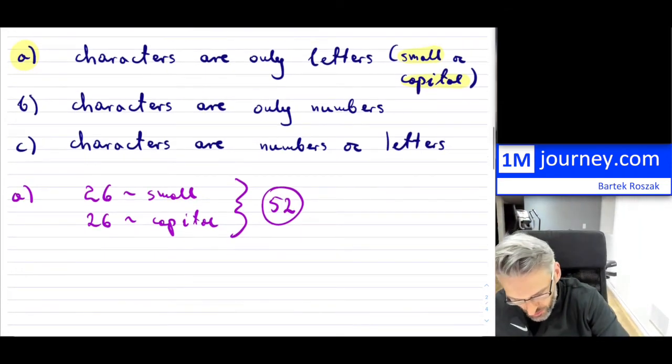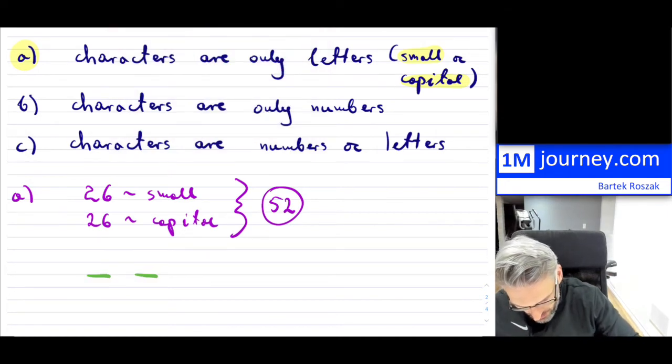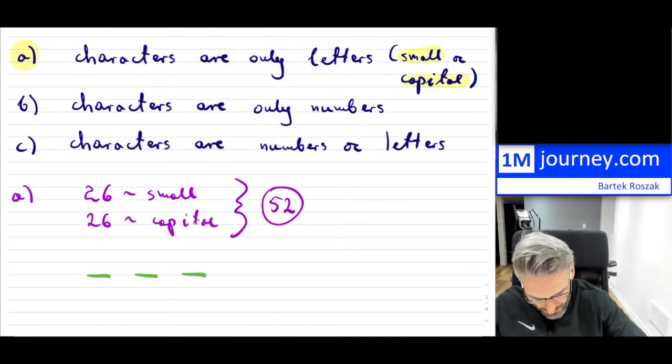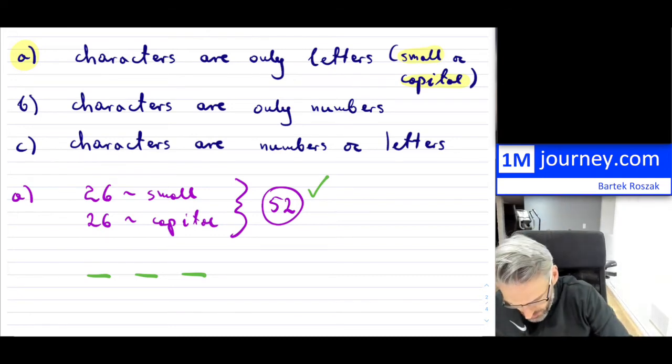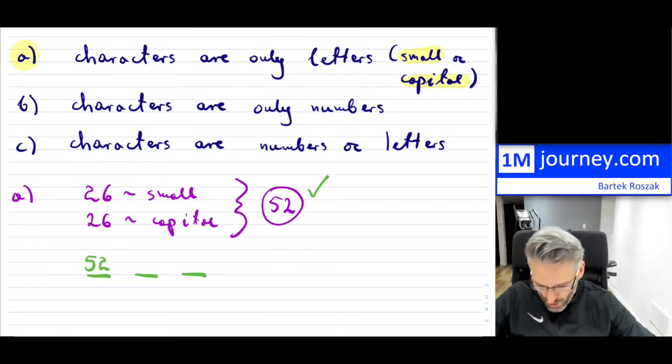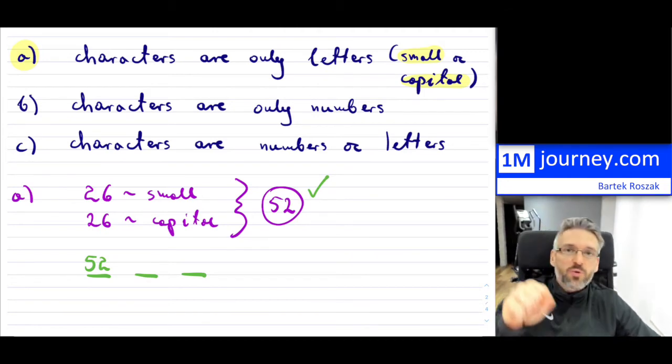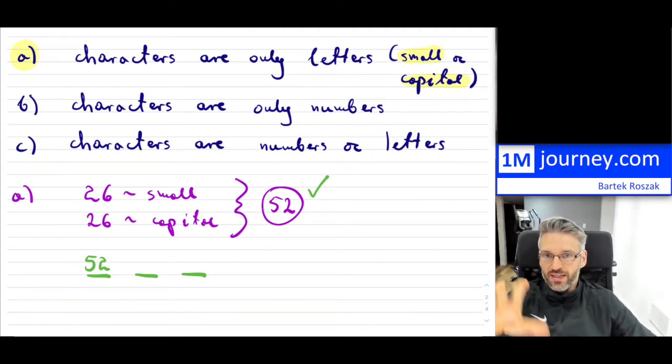Now, how can I do that? I'm going to use the multiplicative principle. So for 3 characters, it doesn't say that this is restricted. So we're going to take 52 choices, either small or capital. I'm not removing one of those choices, at least in this password, so they're not restricting us.